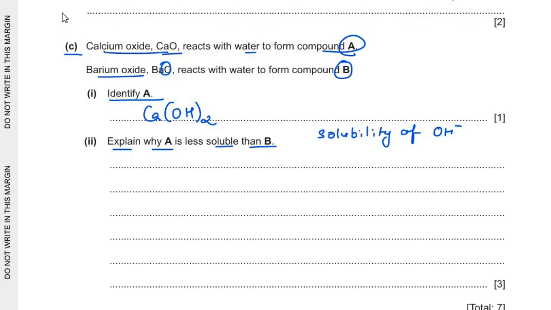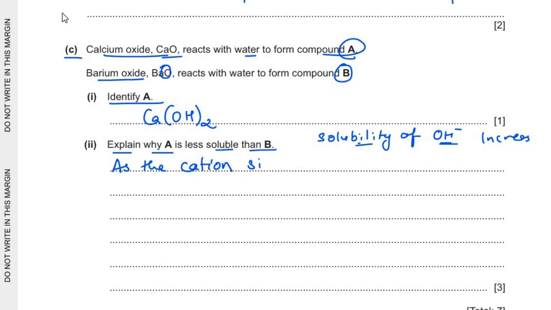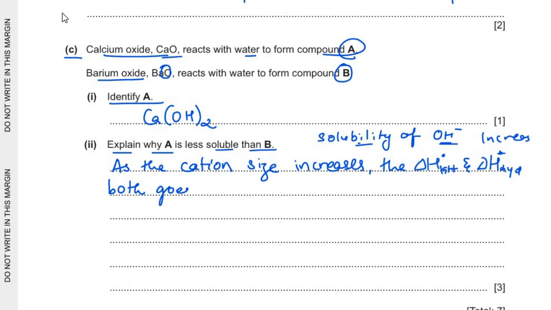We should know that the solubility of hydroxides increases down group 2, that is, barium hydroxide is more soluble than calcium hydroxide. The reason is that, again, as the cation size increases, the delta H lattice and delta H hydration both decrease, or both become less exothermic down the group.